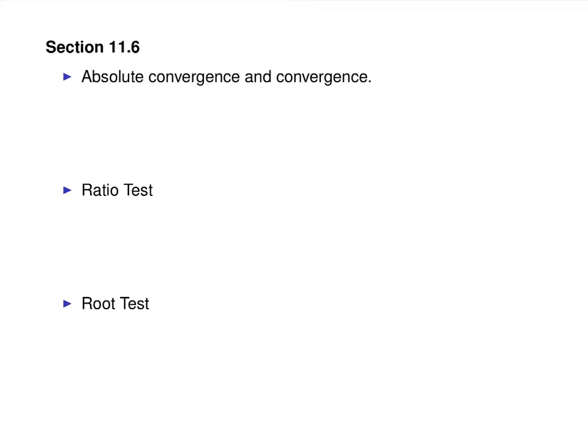And the final section, we discussed absolute and conditional convergence. So absolute convergence implies convergence. What this is saying is that if you can establish that the sum of the absolute values converges, that implies that the sum without the absolute values converges.